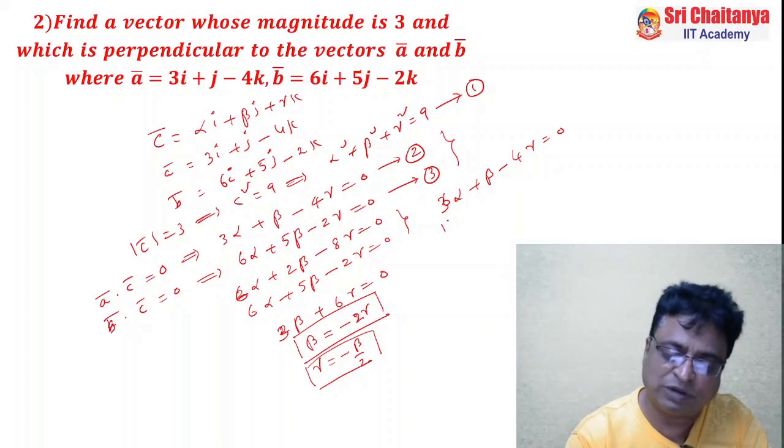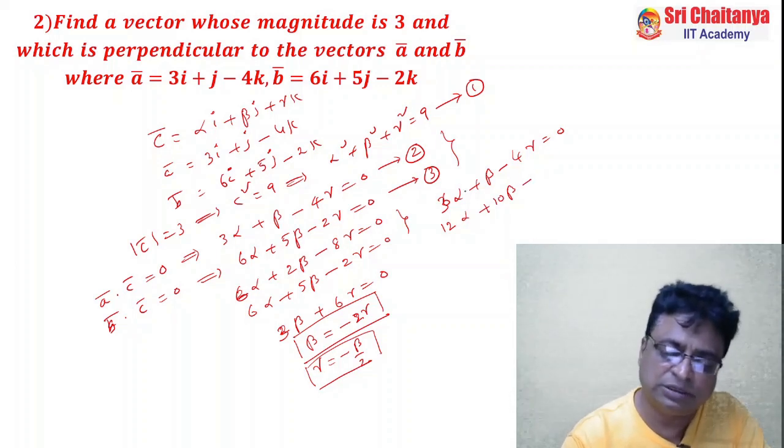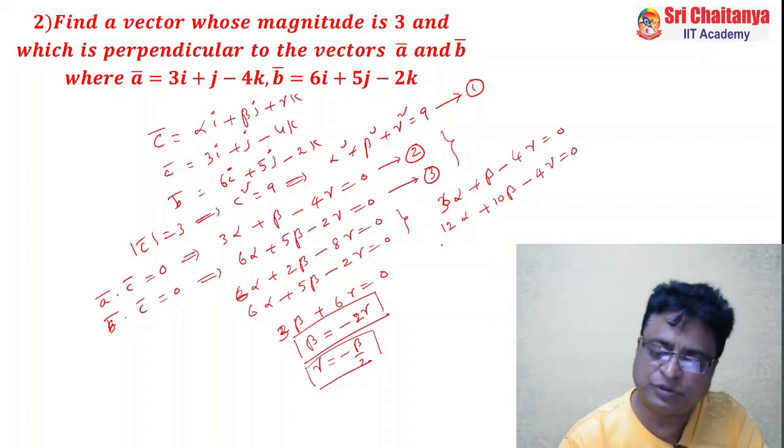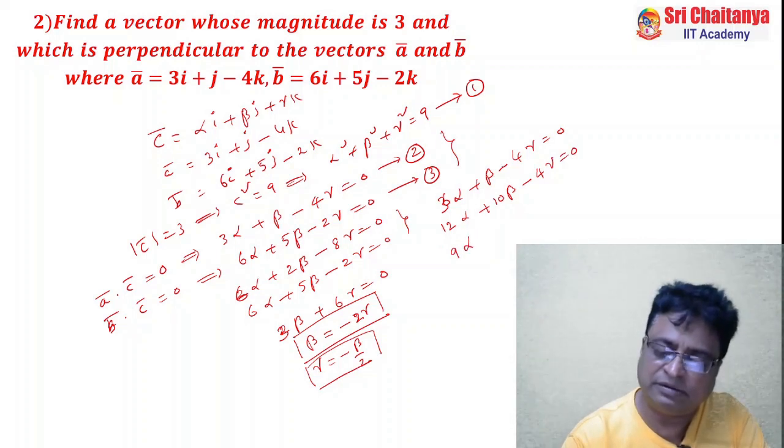That means 12 alpha plus 10 beta minus 4 gamma equals 0. You subtract. This is 9 alpha plus 9 beta equals 0. So alpha equals minus 7 by 9 beta.